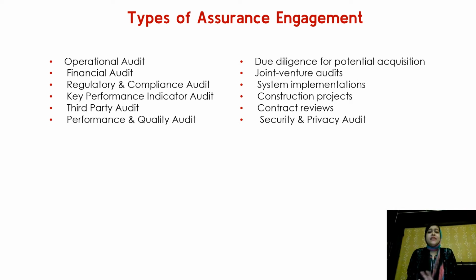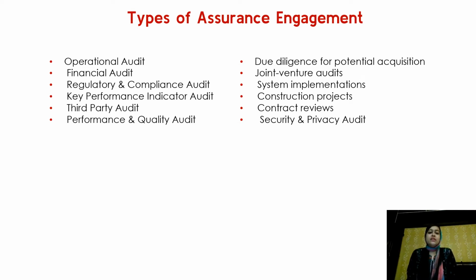Now here are the different types of assurance engagement. It is very important to remember the types of assurance and consulting engagement, because many times in the exam questions come asking which of the following is a type of assurance engagement or which of the following is a type of consulting engagement. If you memorize these types, it will be easier for you to answer the questions.